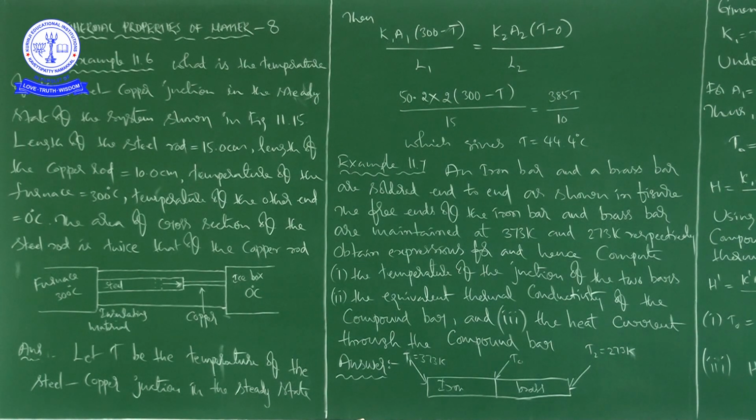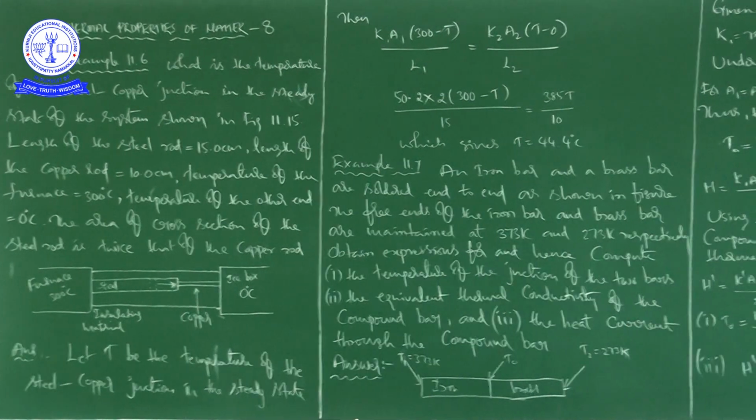Example 11.7. An iron bar and a brass bar. They have given measurements, but I didn't write them here, though in the given data I have written them clearly. For the iron bar, length is 0.1 meter.